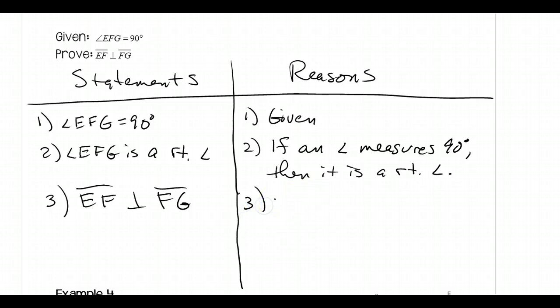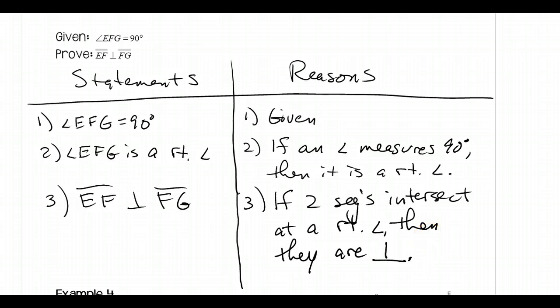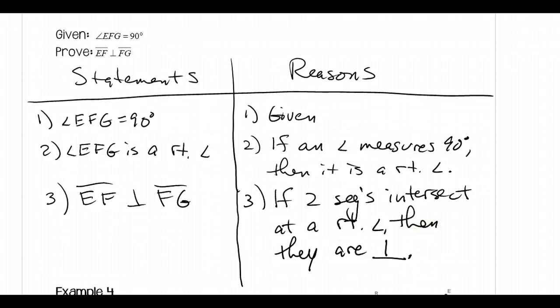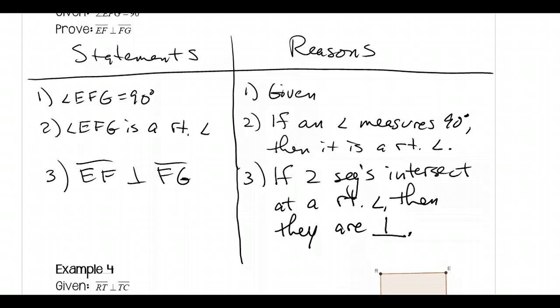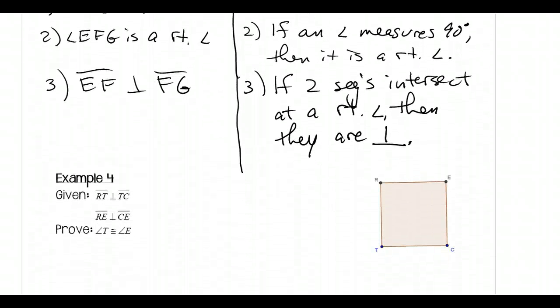Okay, and again we have two segments, so if two segments intersect at a right angle, then they are perpendicular. And we'll talk about an alternate form at some point that will make this a little bit shorter. But if you have some suggestions, let me know in class.